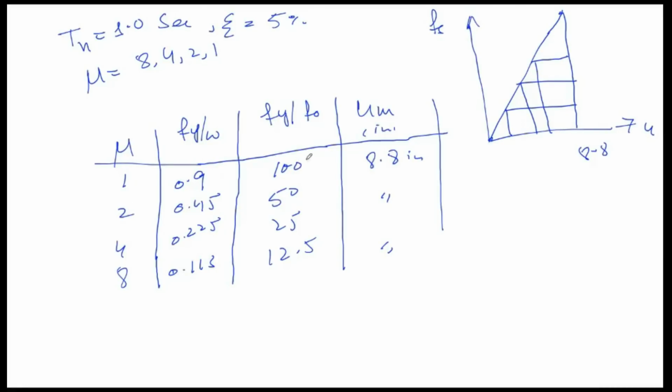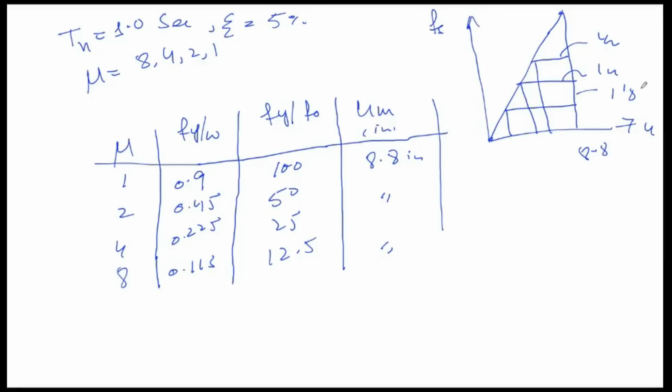This yield strength is 100%. This is 1/2 of the strength, this corresponds to 1/4 of the strength, and this corresponds to 1/8 of the strength. The last one is just like the steel moment frame, the SMRF, that we use for the design.